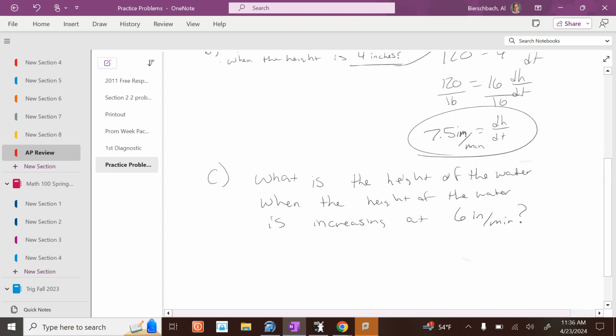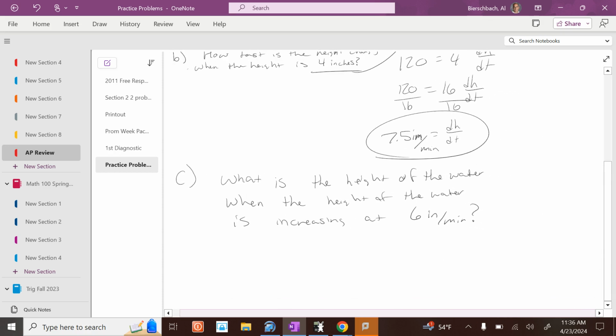What is the height of the water when the height of the water is increasing at 6 inches per minute?